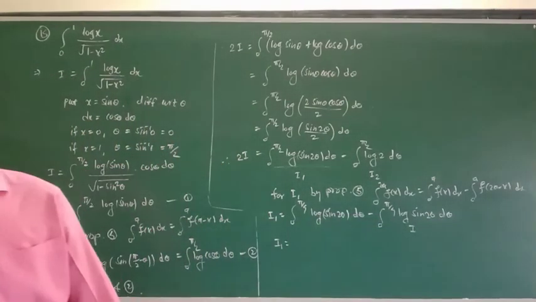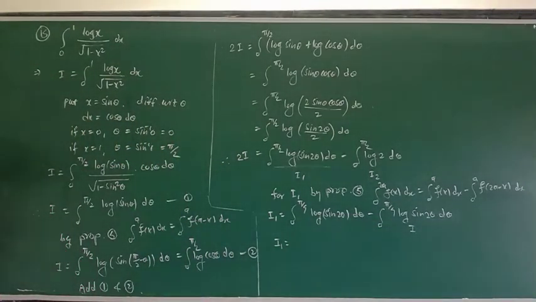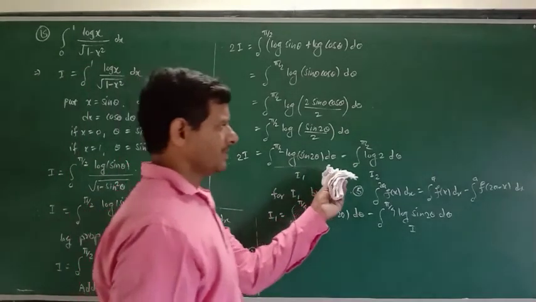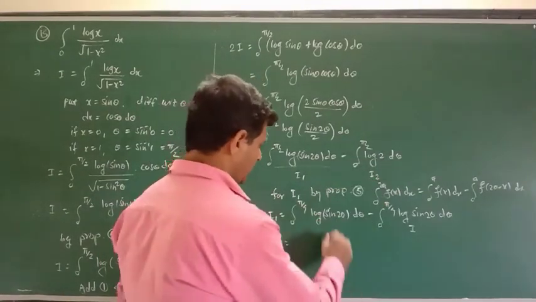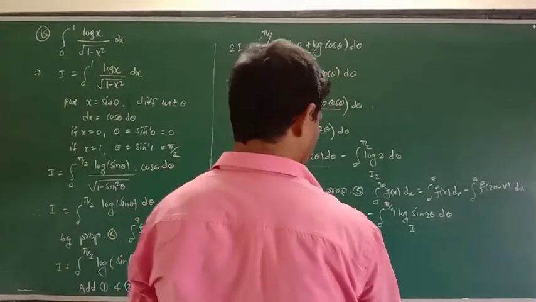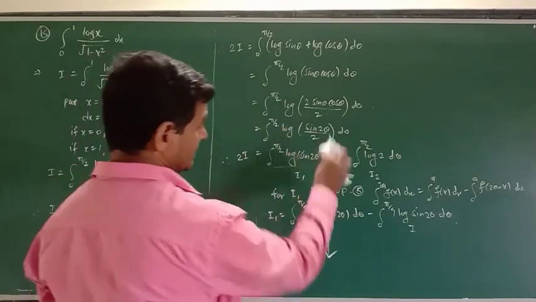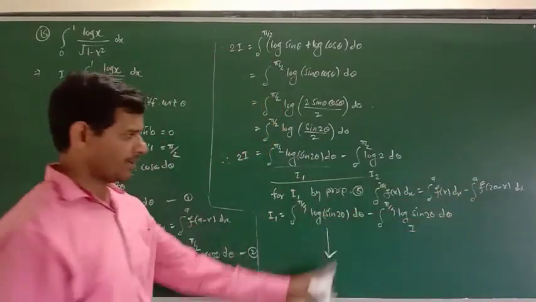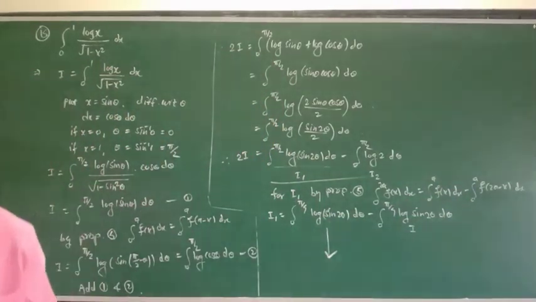So the value of I1 is equal to 1/2 I minus pi by 4 times 2. So you simplify this and find out the final answer of this definite integration by using the substitution.